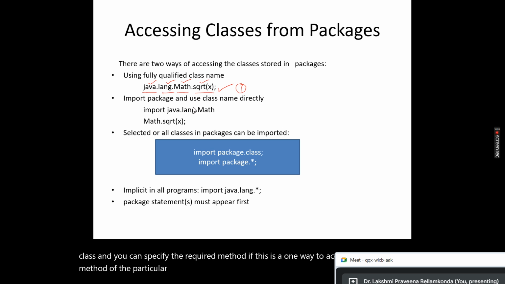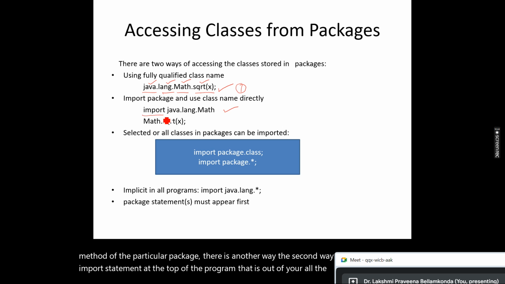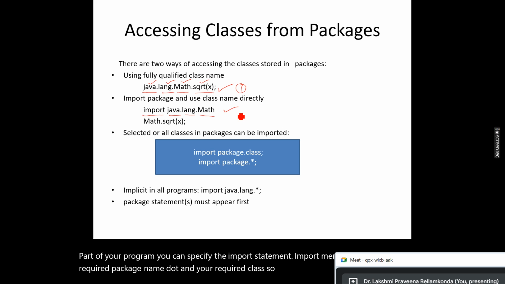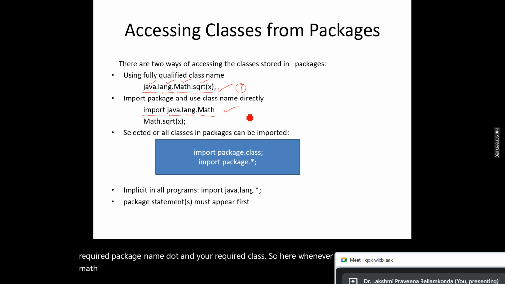The second way is to specify an import statement at the top of the program, outside all the classes. At the initial part of your program, you write import, then java dot your required package name dot your required class. So if you want to use only the Math class, you can specify it like this.